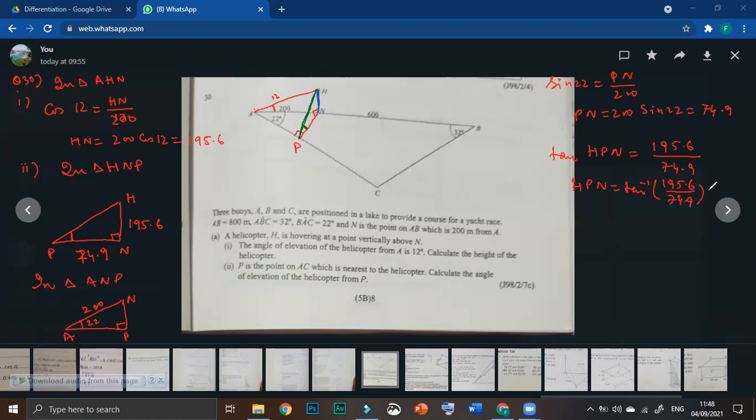What is the final answer? 68.9. 68.9 is the angle of elevation of H from P. Is there any question? No, sir. Okay. Now we will move to the next question.